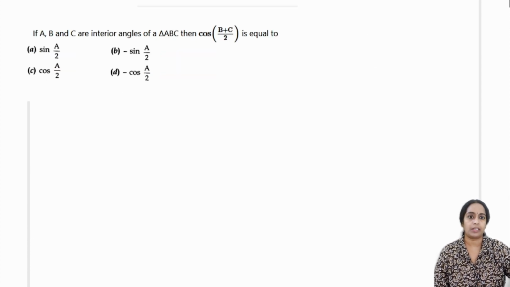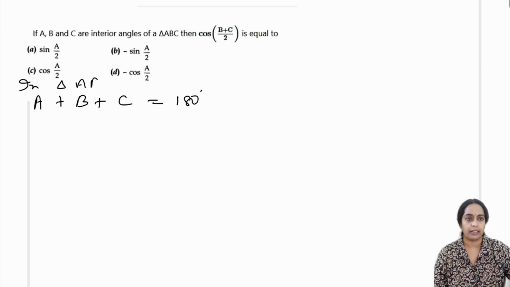Here the question says, if A, B, C are the interior angles of the triangle ABC, then cos of (B plus C) by 2 is equal to? So we know the sum of the angles in a triangle is 180 degrees. So angle A plus angle B plus angle C is 180 degrees. This is the angle sum property of a triangle in triangle ABC.